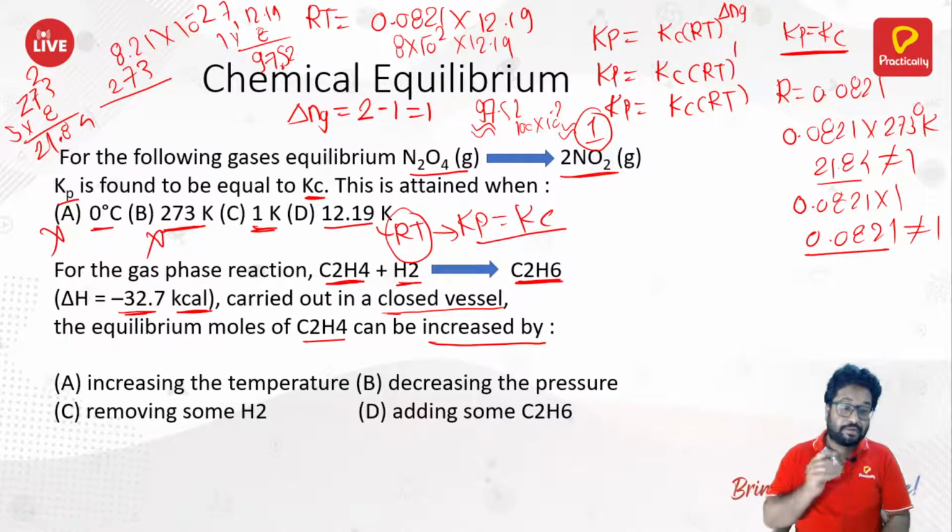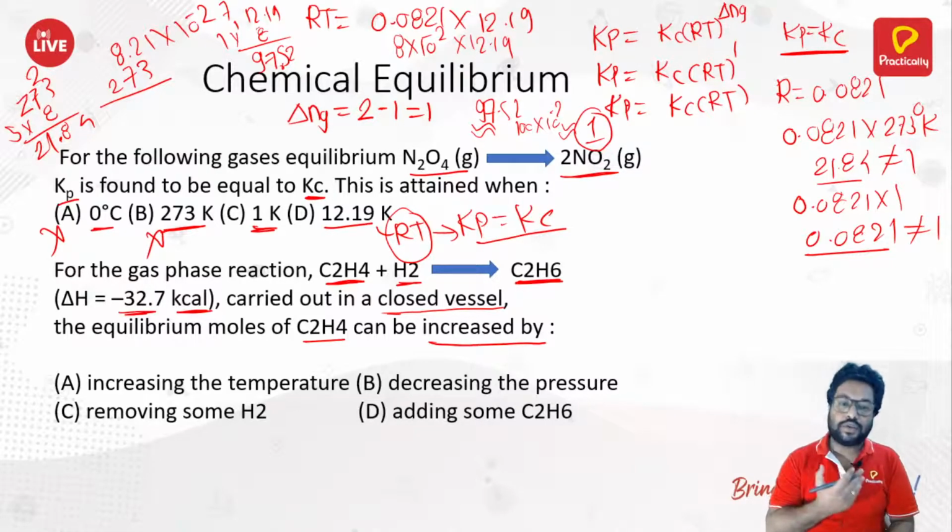Read it carefully, what they're saying. It is a gas phase reaction where C2H4, which is your alkene, reacts with hydrogen to give you alkane, that is C2H6, in a closed vessel.